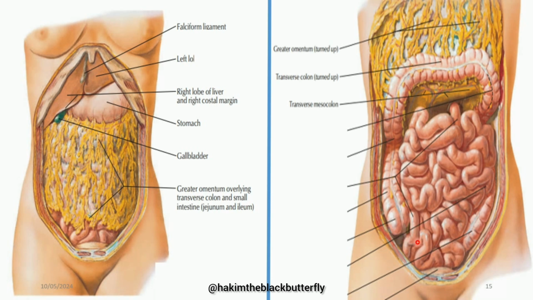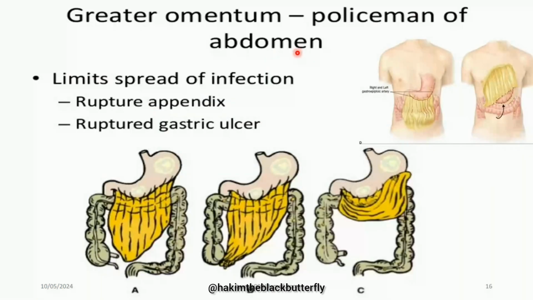So in patients with a strong immune system who have a ruptured appendix or a ruptured gastric ulcer, the effect may not be so bad because the greater omentum is going to act as the policeman of the abdomen to come in and limit the spread of infections.